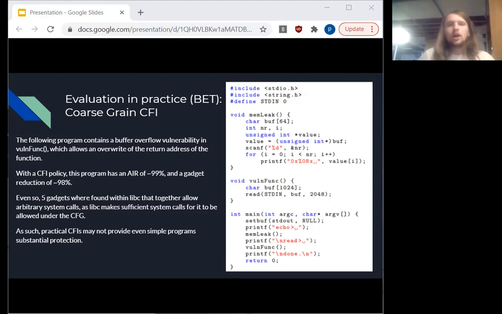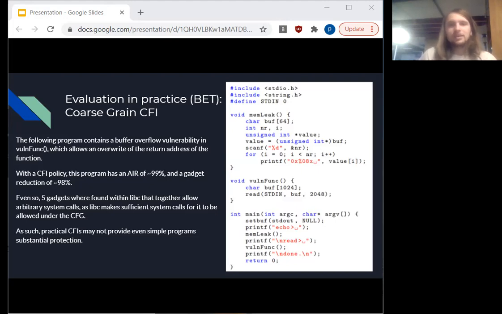And when this obviously vulnerable program was run, we saw what looked like, although it's relative, good metrics like error and gadget reduction, but there still existed a number of gadgets in libc which together allowed arbitrary system calls, and that allowed us to gain arbitrary code execution on the platform.